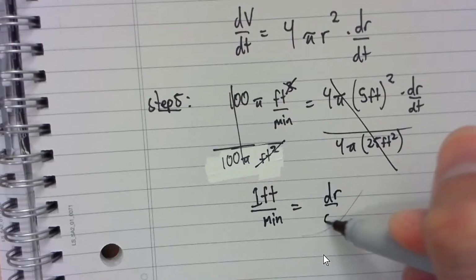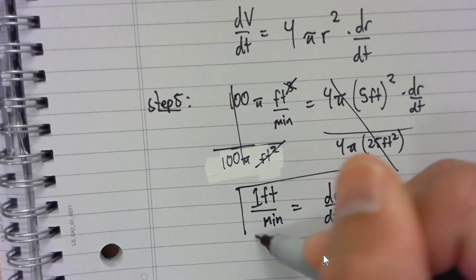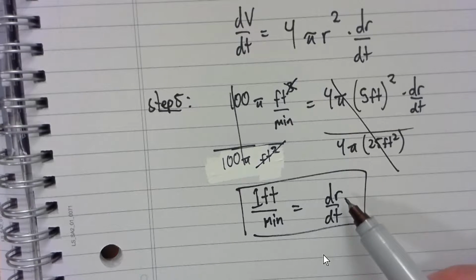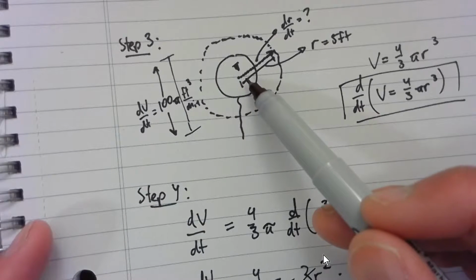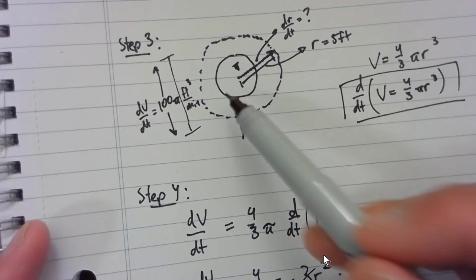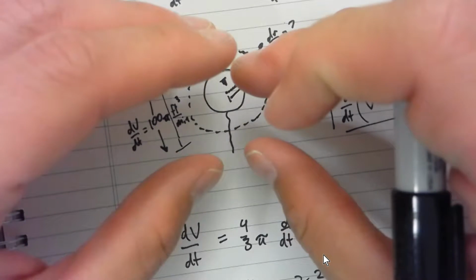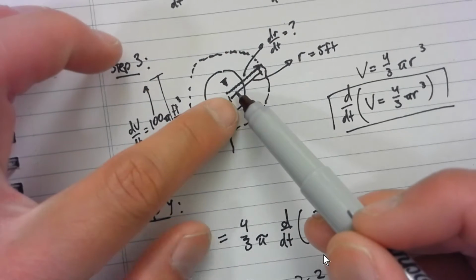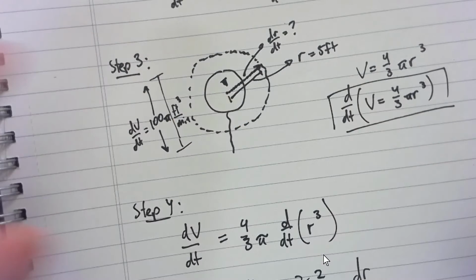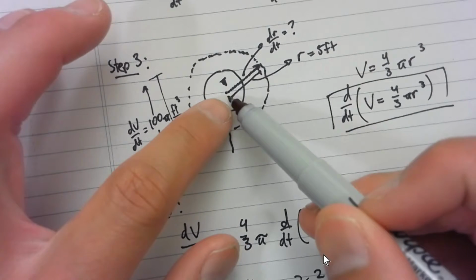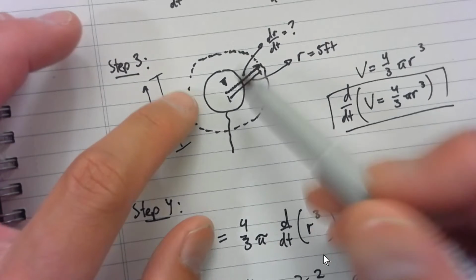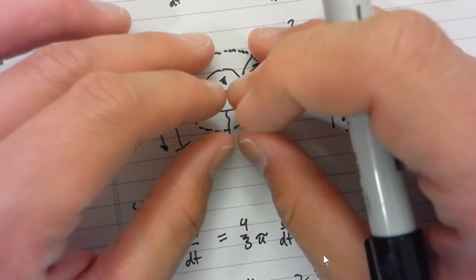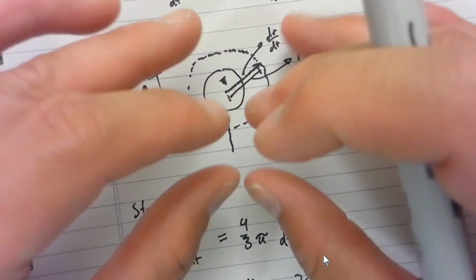dr over dt. And does that make sense? Yes, because again, radius is only in feet, not feet squared. Radius is two-dimensional. It's flat. We're talking about the radius, just flat. We're not talking about 3D, in 3D, how everything is expanding. We're just talking about how the radius expands. You can look at that as being one way, whether it's one way on the paper, one way towards you, but it's not simultaneously growing in the x, y, z axis all at the same time.